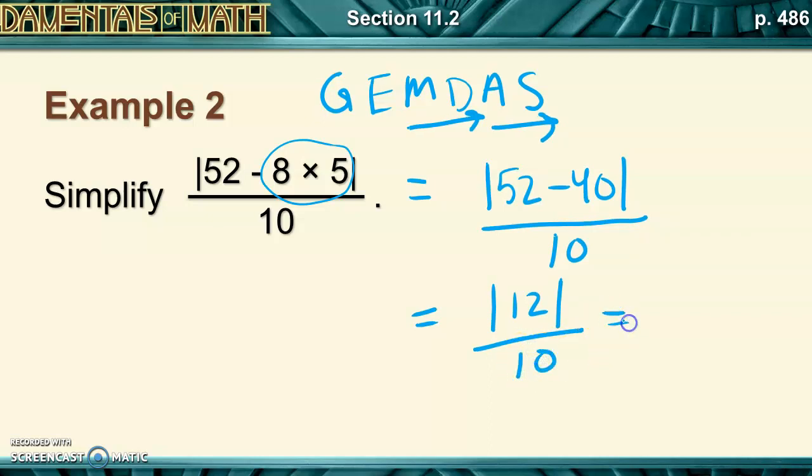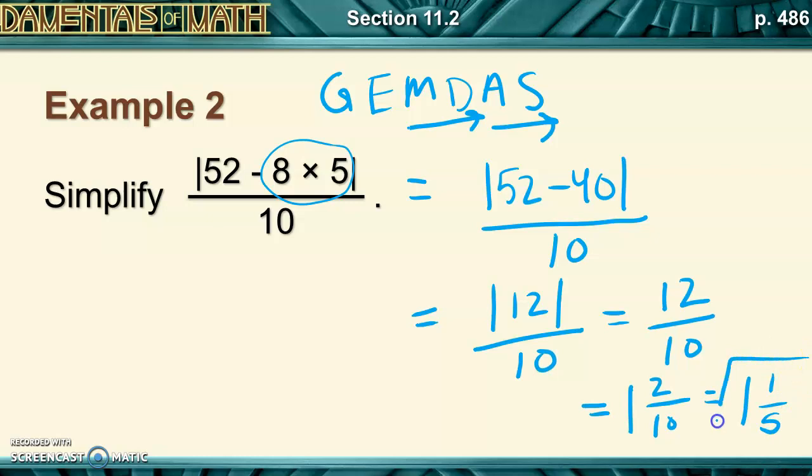Now we can go ahead and simplify. The absolute value of 12 is just still 12 over 10. And if this reduces, 10 can go into 12 one time with 2 left over. And that can reduce even lower to 1 and 1/5.